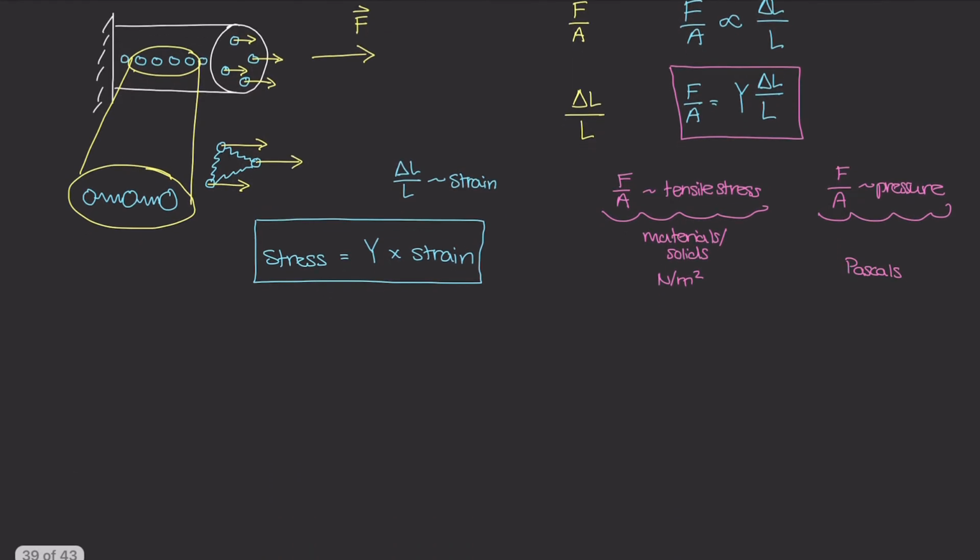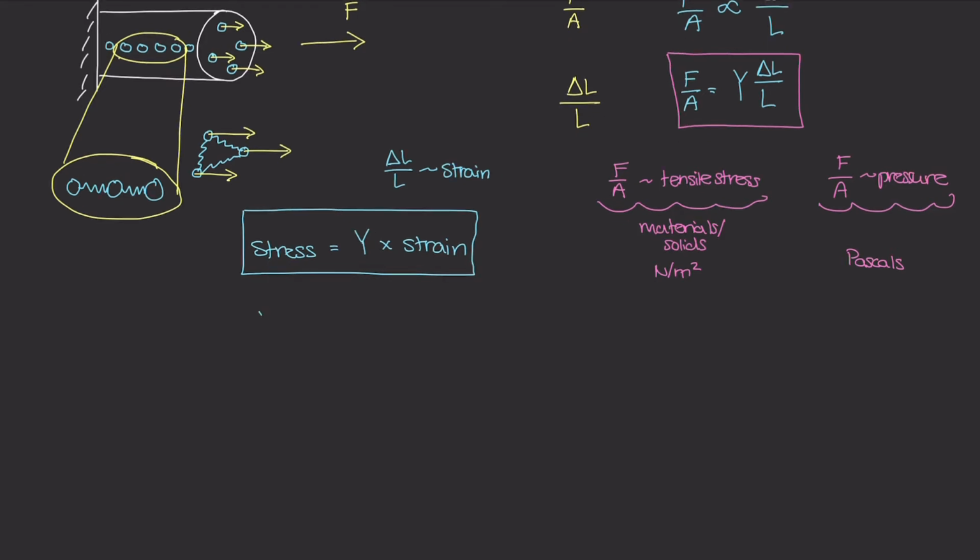So Young's modulus is really stress over strain. Now, because strain is dimensionless, Young's modulus takes on the same units that stress has. In other words, Young's modulus is in units of newtons per meter squared.